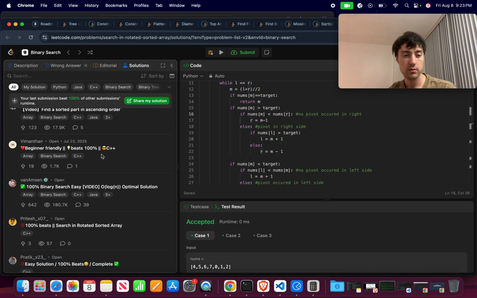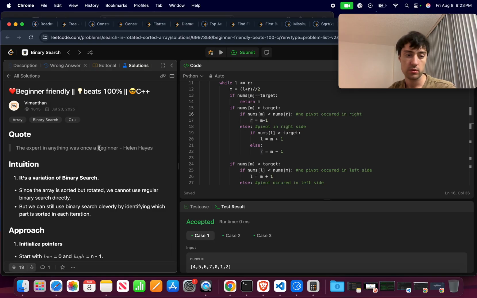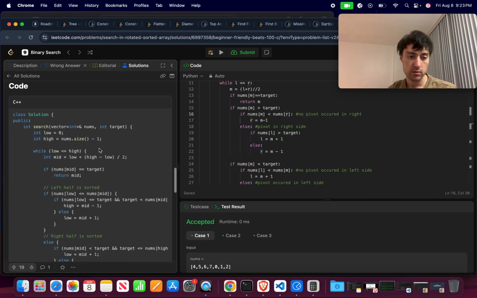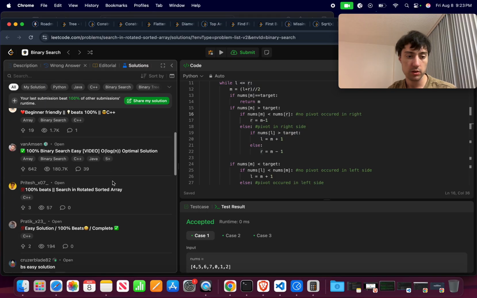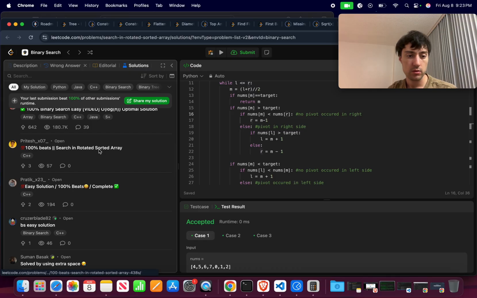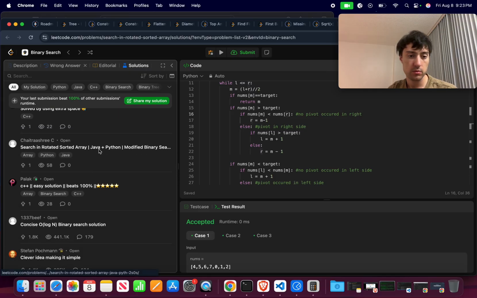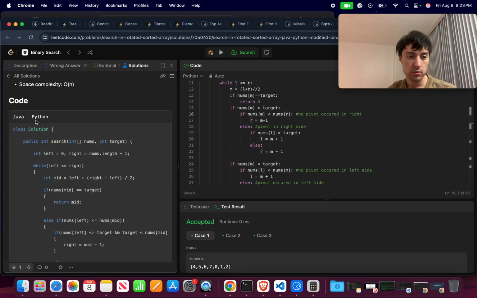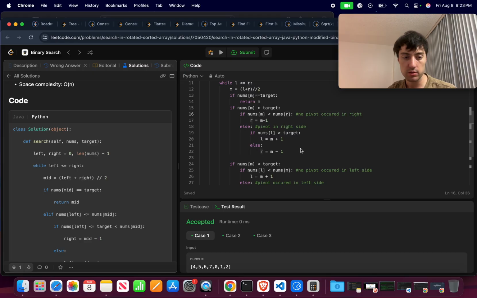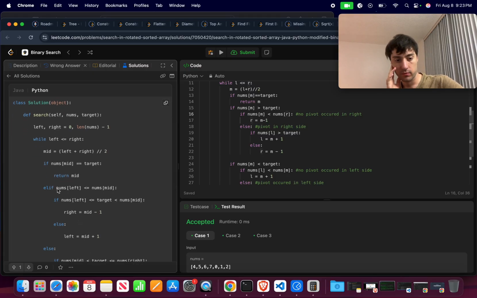I don't know, man. There's C++. I don't want to. Although it's going to be different because it's like nums of left is greater than or equal to nums of mid.